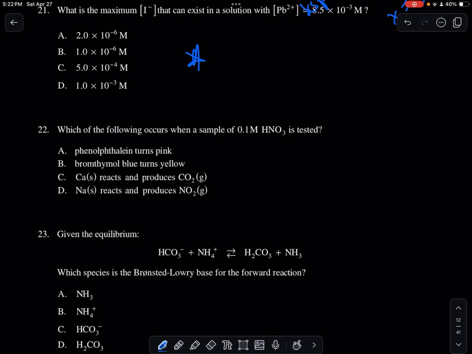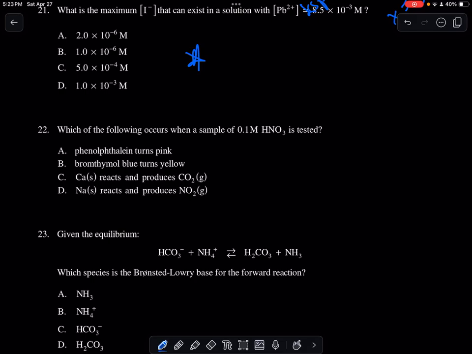Which of the following occurs when 0.1 molar HNO3 is tested? So it's an acid. So if it's an acid, it's going to turn the indicator a specific color. And in this case, what happens?